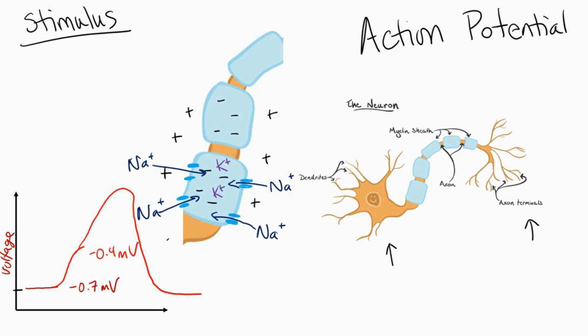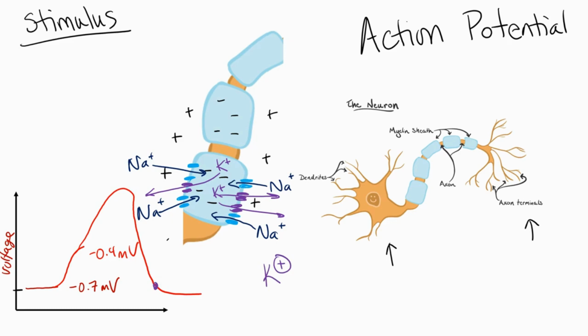These potassium ions are like, I am leaving. There's too much of a crowd here. I don't want to be here. And so they all start leaving. As they leave, all of the potassiums, which also have a little positive on them, start bringing that voltage back down. And so we get to see this nice curve, and we come back to where we started.